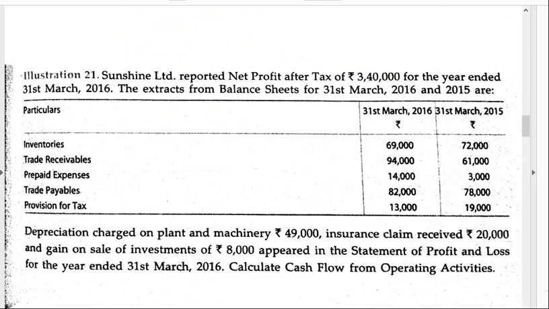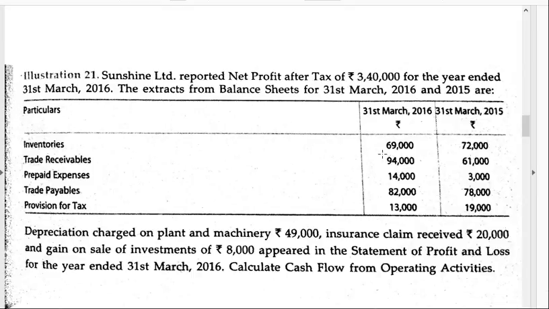Now, next. Trade receivables. Trade receivables is our sundry debtors. Earlier, the sundry debtors were 61,000. Now they have increased to 94,000. Right? It is our current asset. Our current asset has increased. The current assets move in opposite direction. The increase in current asset will be subtracted. How much is the increase?